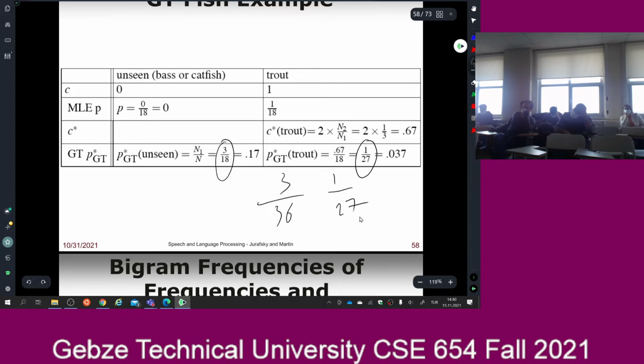And well, we didn't catch any catfish before. The probability of catching a catfish and trout should not be that much different. So the probability of actually catching a catfish should be higher, because I'm expecting their probabilities to be similar. That's the intuition.